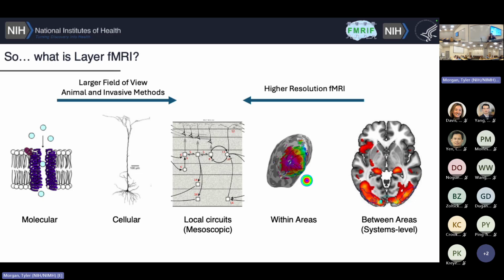And those things are kind of meeting in the middle in a really cool way, where different types of science are being informed by one another that have not really seen each other in the past. So that is what I would call mesoscopic, mesoscale imaging. And the interesting thing about it is that it encompasses both layer fMRI, but it also encompasses columnar fMRI that we talked about in the title.